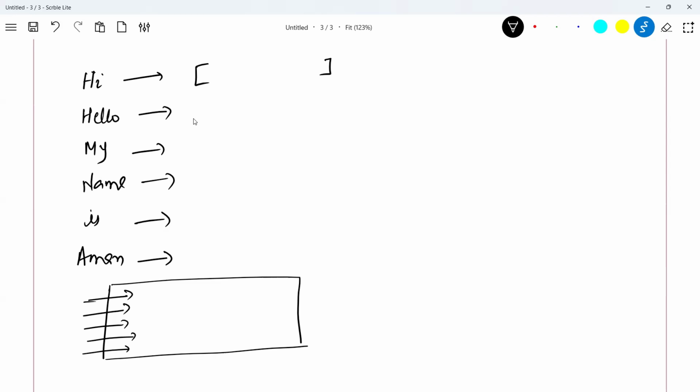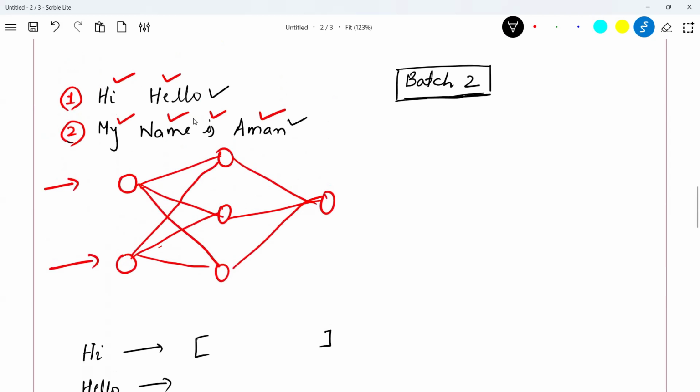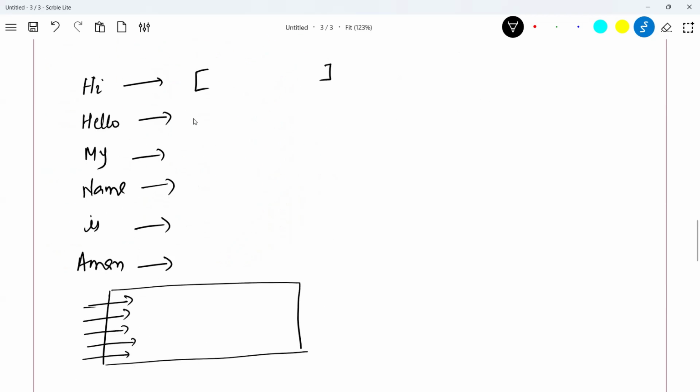In this tensor, what will be my dimension? Let's fix things here. For example, my batch size is 2. Let's say my dimension of embedding, or dimension of model, is 4 in this scenario. So for all these words, we will have 4 numbers: 1, 2, 3, 4.